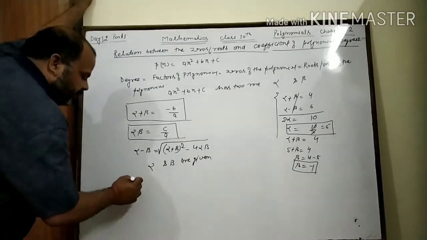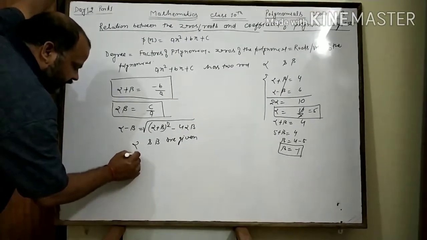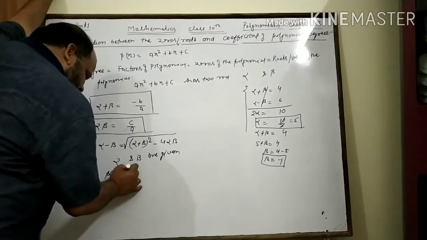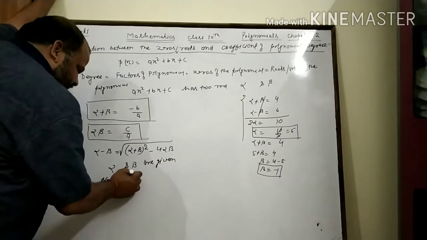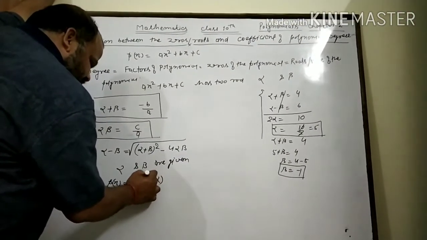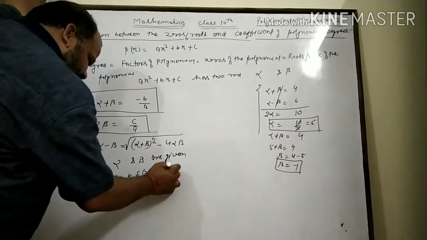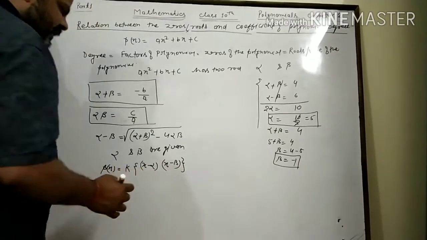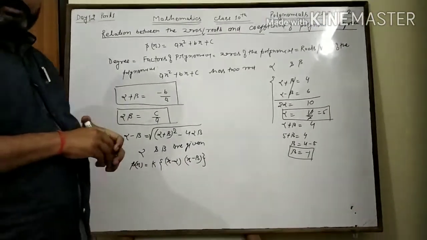Then p(x) is equal to k, where k is a constant, times (x minus alpha) and (x minus beta). It is the formula to make the quadratic polynomial.